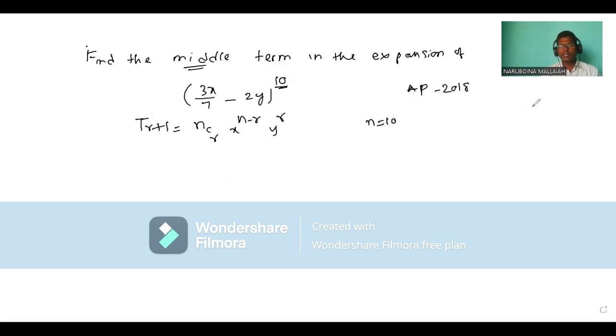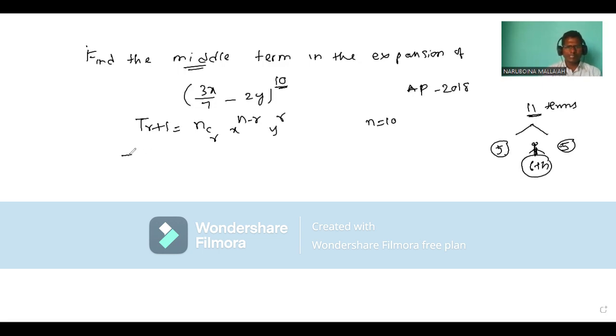So we have 11 terms. Here I am taking this side, left side 5 terms, this side 5 terms, 5 plus 5 is 10. So this one will be the middle term, that means the sixth term, totally 11 terms.